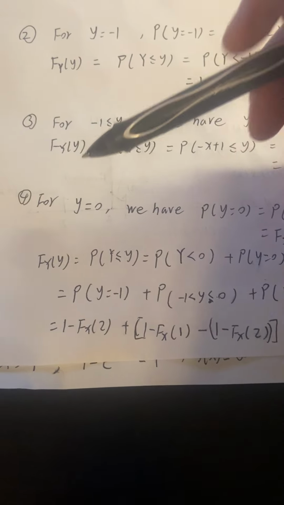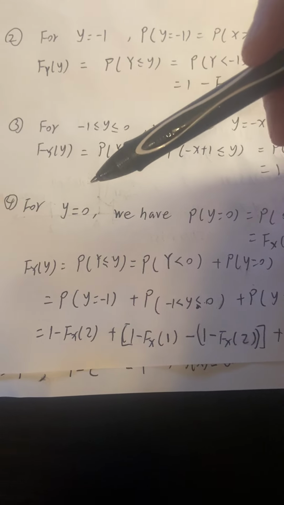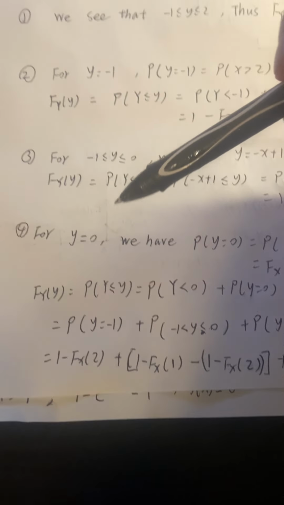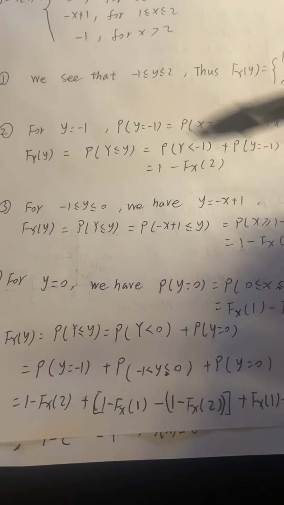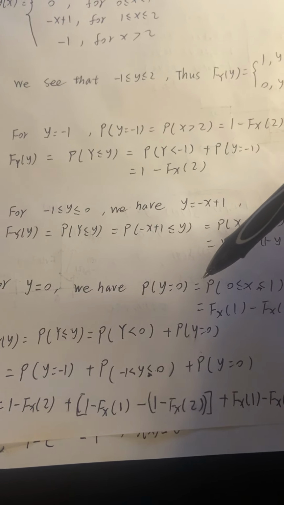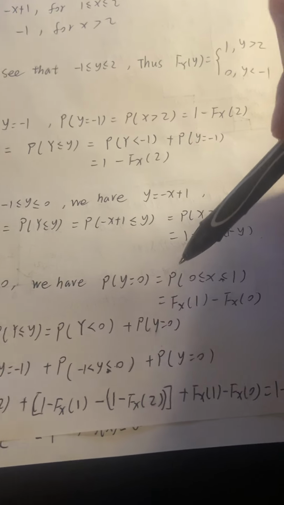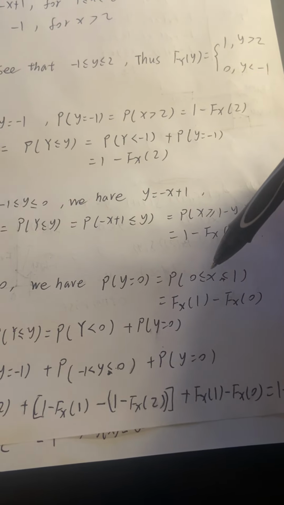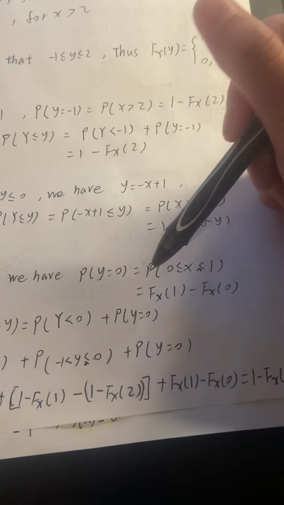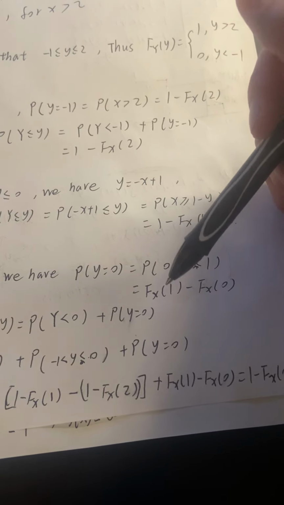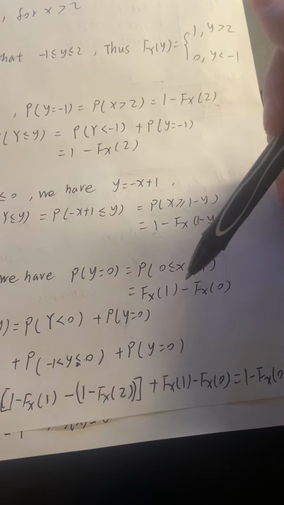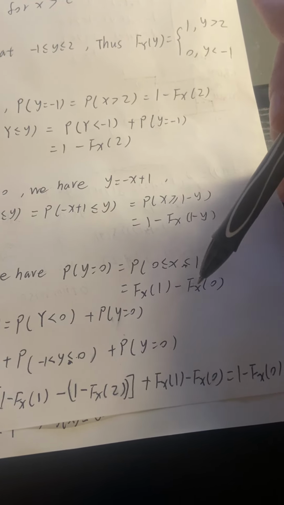And then for y equal to 0, from the g(x) function, we know the probability of y equal to 0 is the probability of x between 0 and 1. And this probability we can rewrite as F_X of 1 minus F_X of 0.